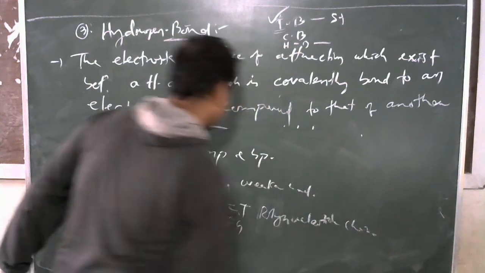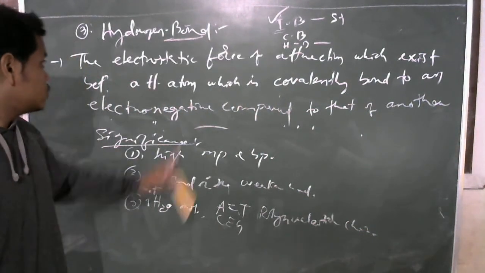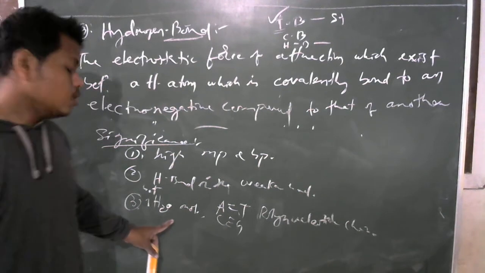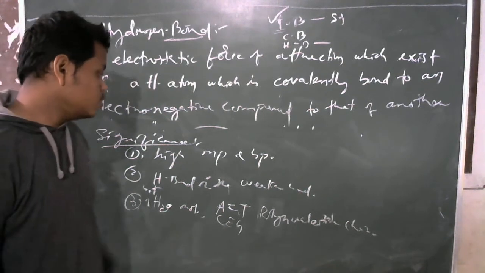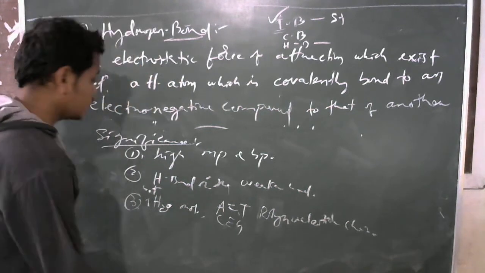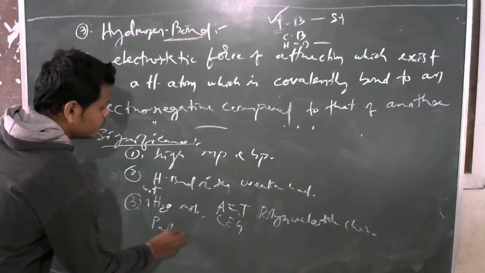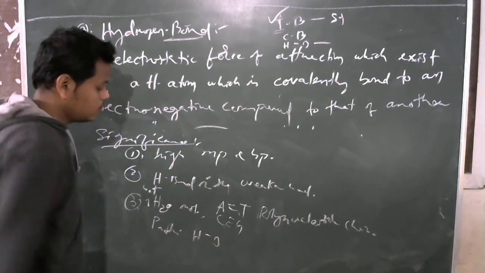Hydrogen bond is found between water molecules, in the polynucleotide chain, and in protein also, in the secondary alpha and beta helix. In protein also hydrogen bond is found.